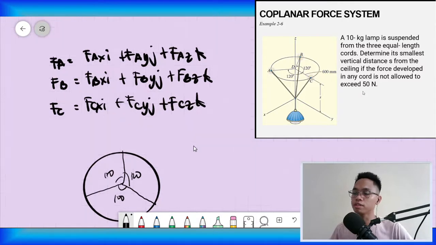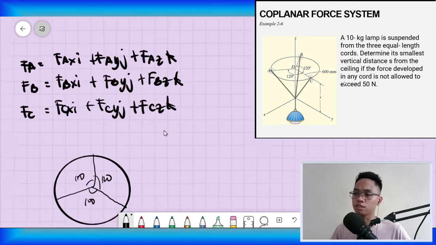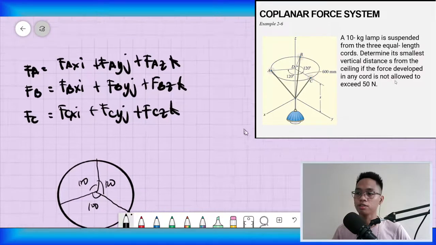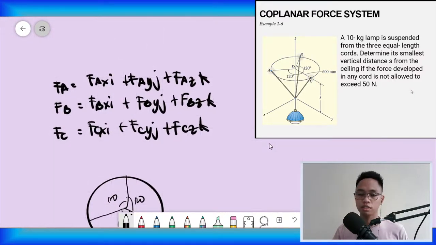So the problem now is how are we going to express all these forces into component form using the figure above. We can use the concept of direction angles. Our direction angles, you know that.